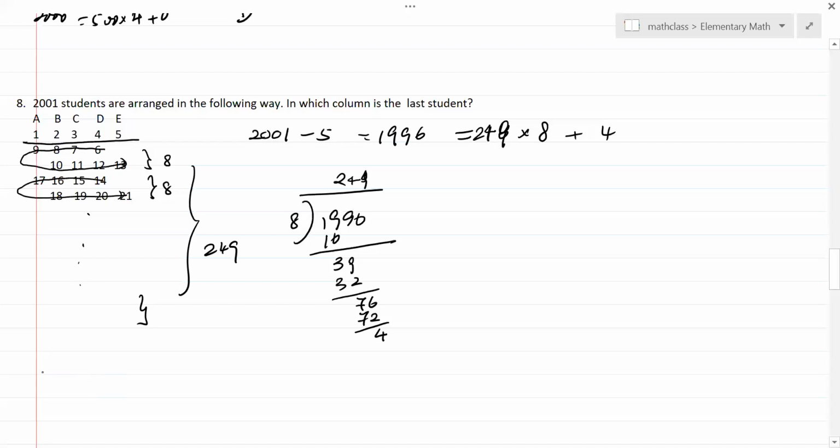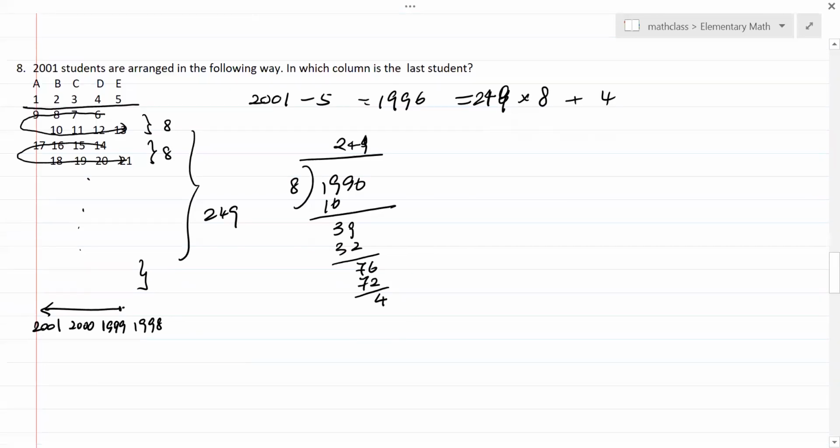So the last one will be just from here to here. Stop. So that's 2001, 2000, 1999, 1998. So the answer will be, what do you got? A. Good job. So the answer is A.